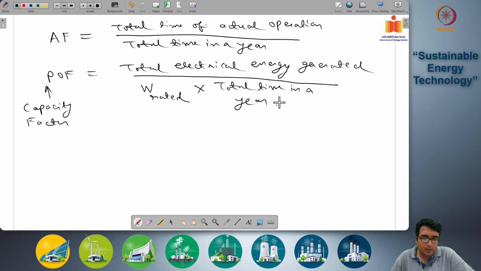Okay. So this is called the power operating factor or capacity factor.